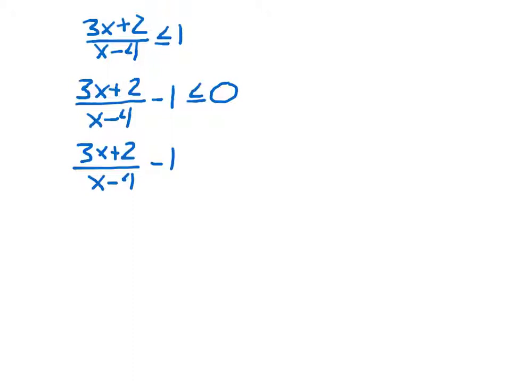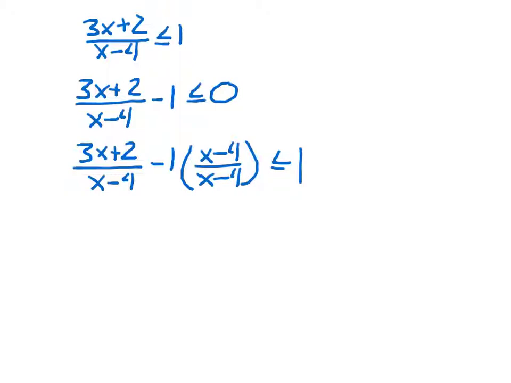Because I'm dealing with a 1, or actually any integer would be rather easy, I simply am going to multiply it by the denominator of the first expression, written in this way, sort of the denominator over the denominator, which in essence is really just 1. I'm multiplying by 1 here, so I'm not really changing the expression.